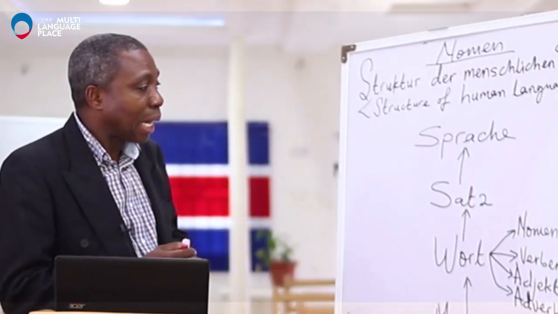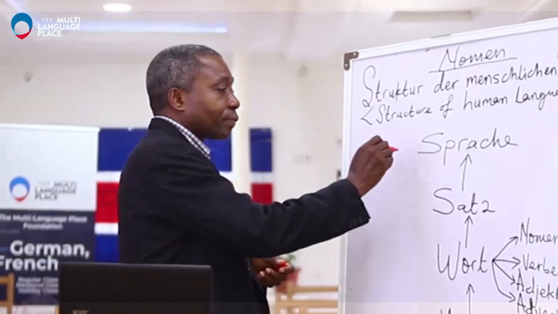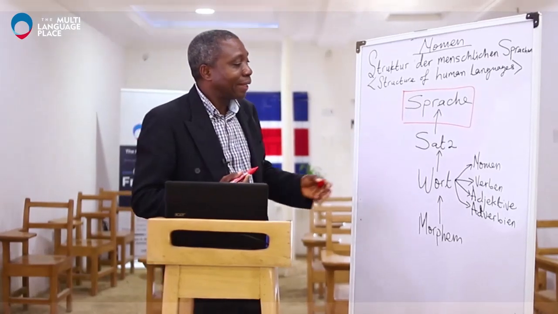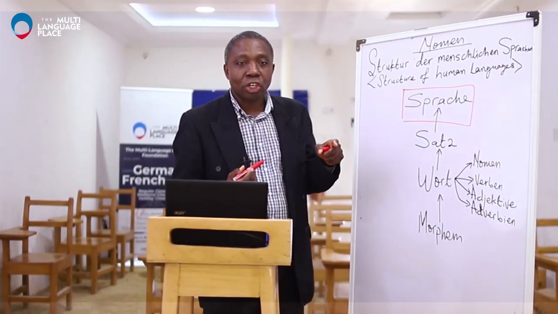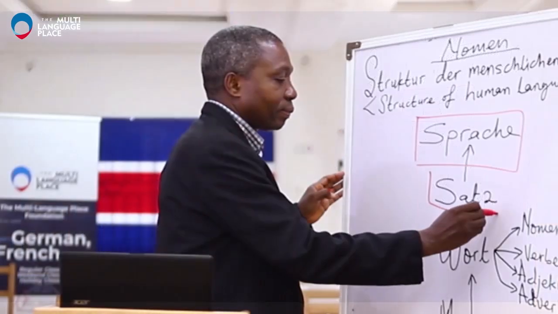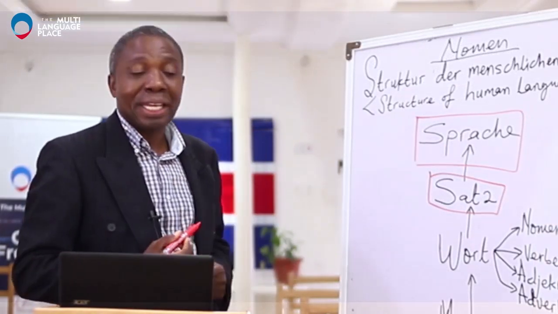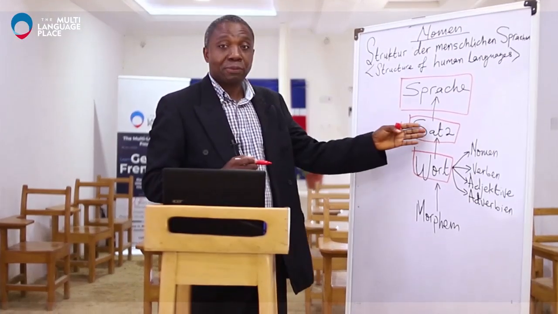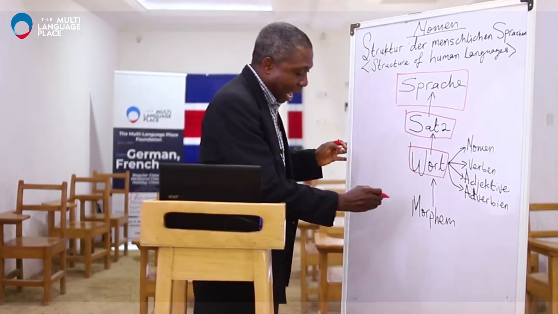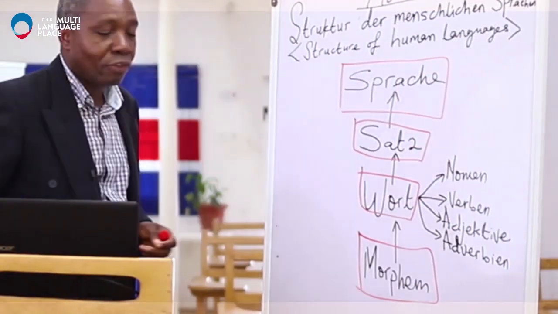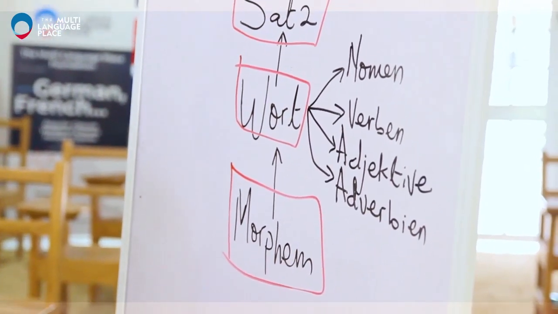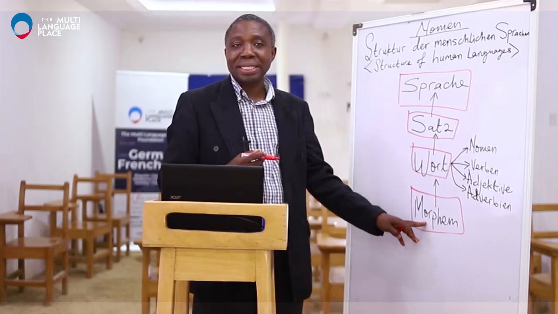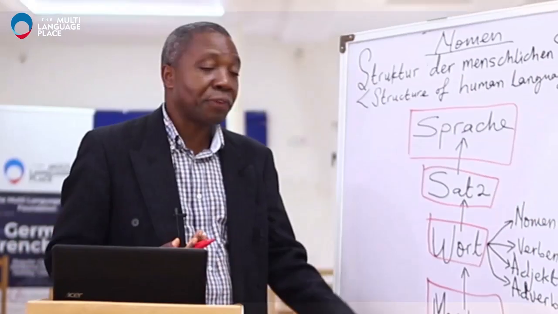And here we have the language itself occupying the last space, and then it is the combination of sentences that form the language, and it is the combination of words that form the sentence, and it is the coming together of morphemes that form the word. I say it again. This is the smallest unit of the language, morpheme.